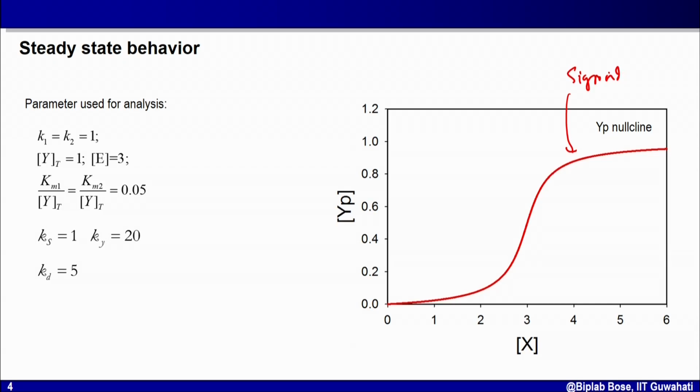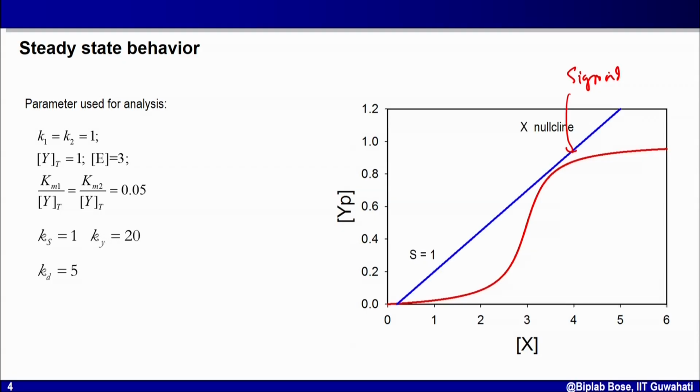Now remember, the x versus yp relation for the yp nullcline does not have any input signal s term. So that means this yp nullcline does not depend upon input signal. But the x nullcline has an s term, the input signal term. So the x nullcline will change with my input signal.